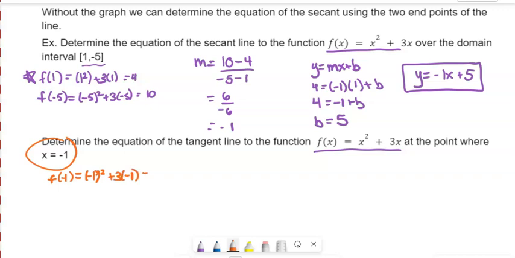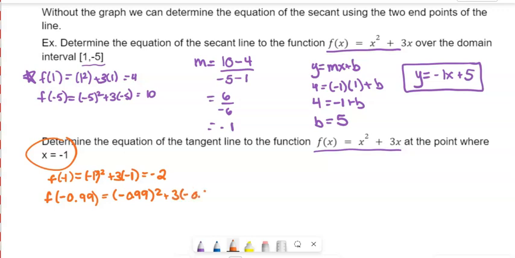Okay, and that gives me a value of -2. And then I want to pick a point that's really, really close to -1, but not quite -1. And there's no set rule on what point this has to be. So 1.001 works, or 0.99 works, or 999 works. Okay, the more decimal places you use, the more accurate it will be.